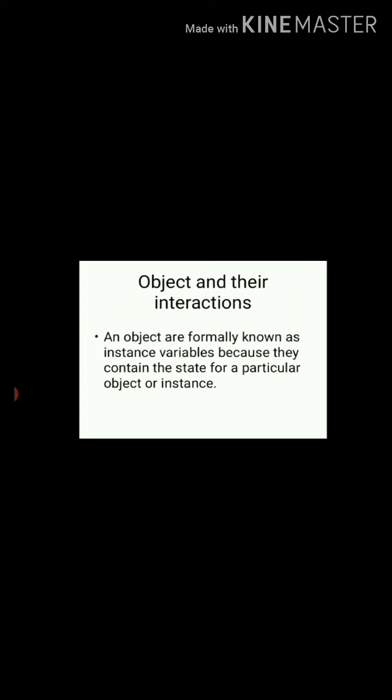So, object is a basic runtime entity, or it is an instance of a class, meaning it is created by the class. Class has two things, variables and methods, but object has three things: variables, methods and a unique ID.